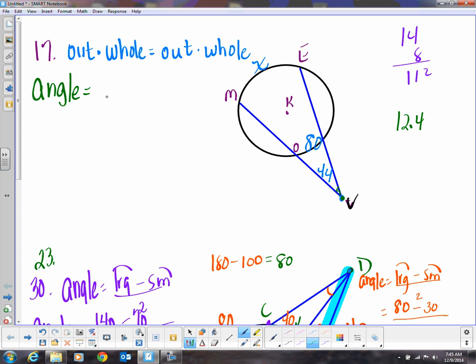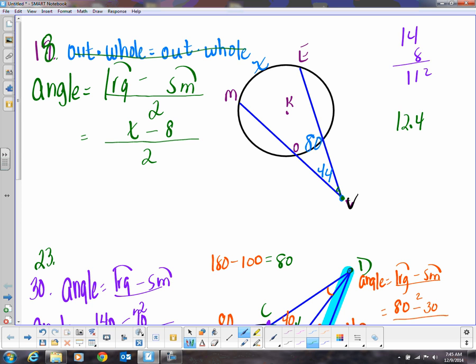What's the rule? Look at your foldable. This is 18. Large arc minus small arc divided by 2. What's the large arc? What's the small arc? 80. What's the angle? 44.